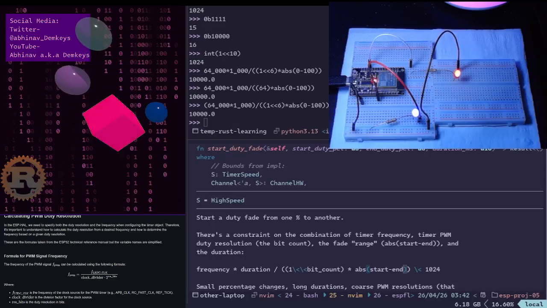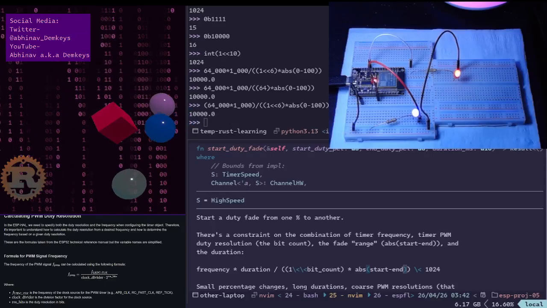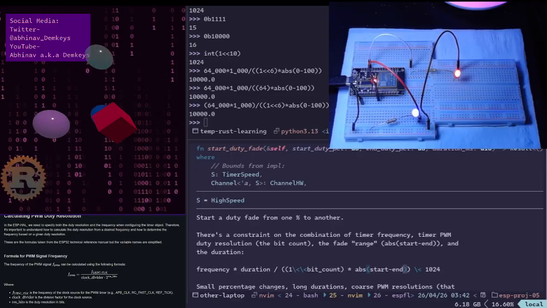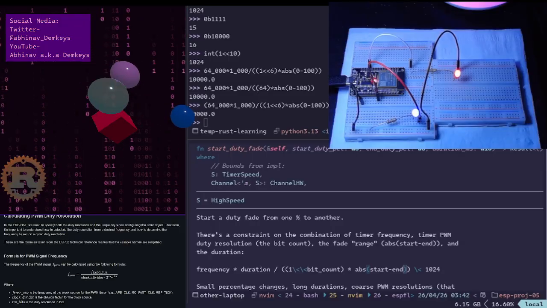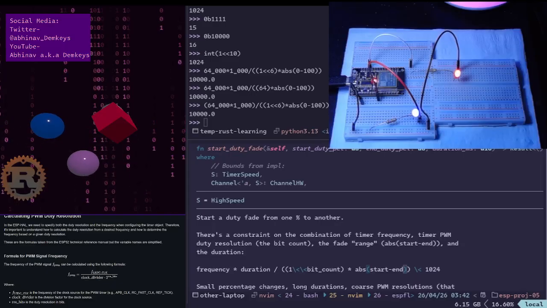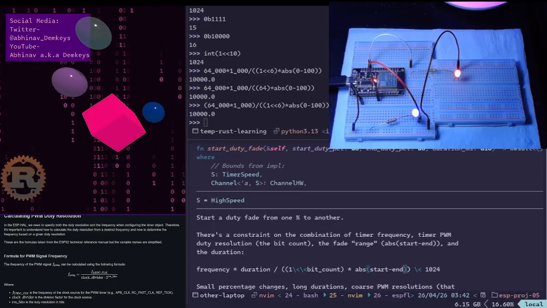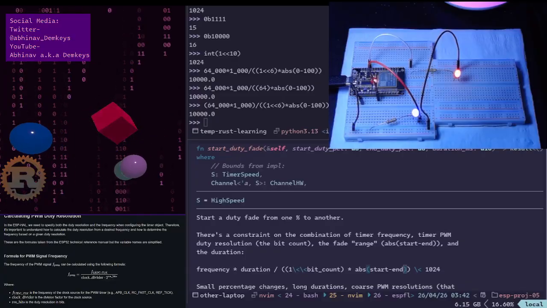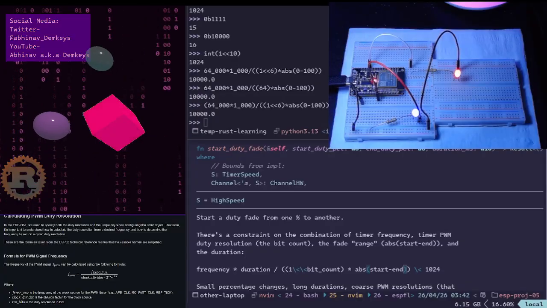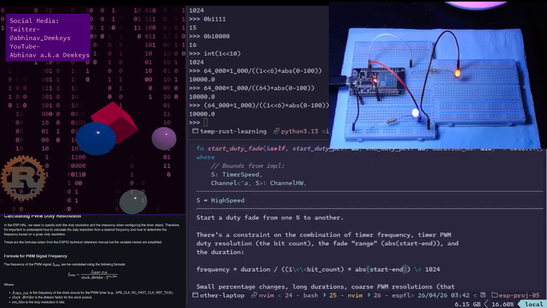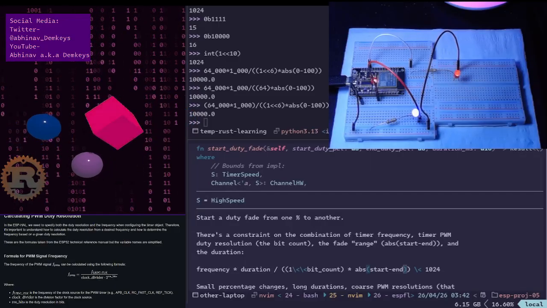But multiplication is supposed to happen first. Yeah, why is this saying 10,000? Because 10,000 is not less than 1024. It's definitely more. So what's going on here?